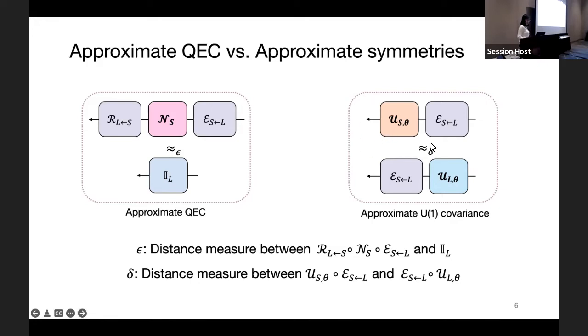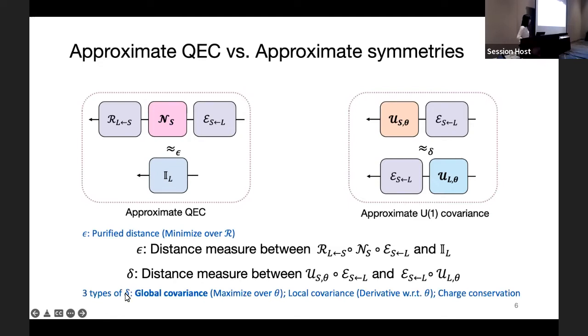And we could also use delta, which is the distance measure between this physical gate acting after the encoding and this logical gate acting before the encoding. To be more specific, we'll use purified distance as our distance measure. And in order to derive epsilon, we need to minimize over all possible recovery channels. That means we have to choose the optimal recovery channel.